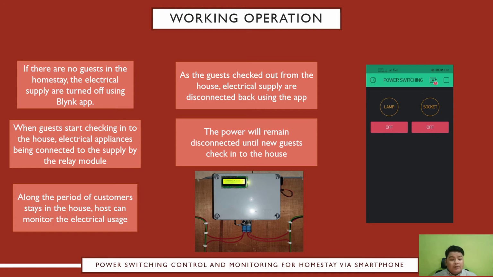Along the period of the customers staying in the house, the host can monitor the electrical usage of the house, and if any over usage happens, the host can be informed. And after the guests check out from the house, the electrical supply is disconnected from the main source using the app, and it will stay disconnected until the next customer checks into the house.